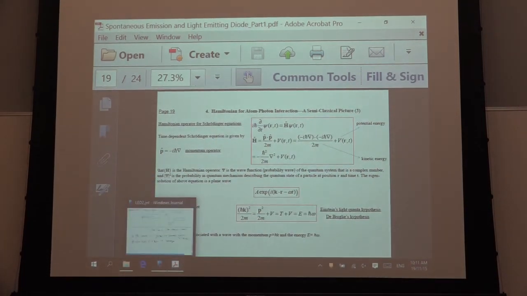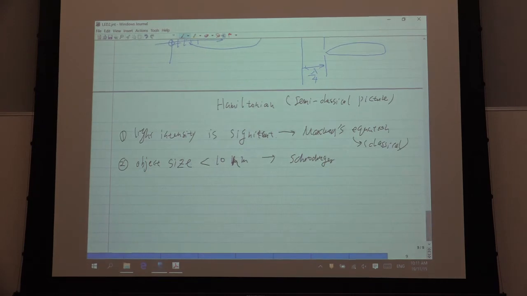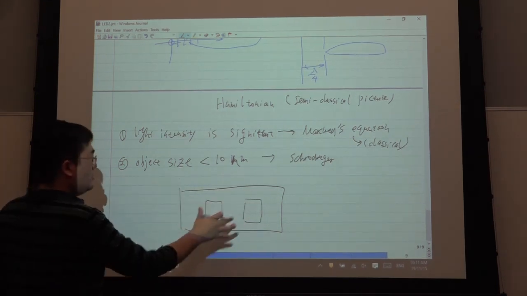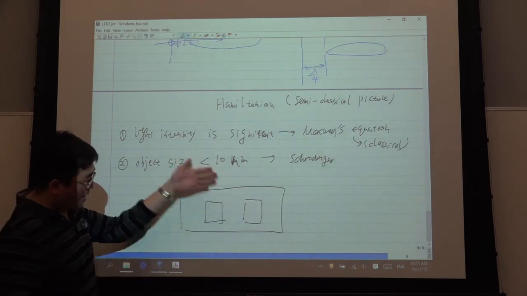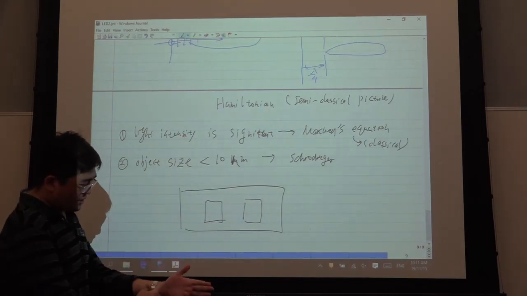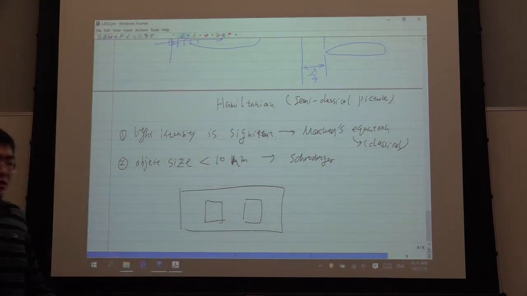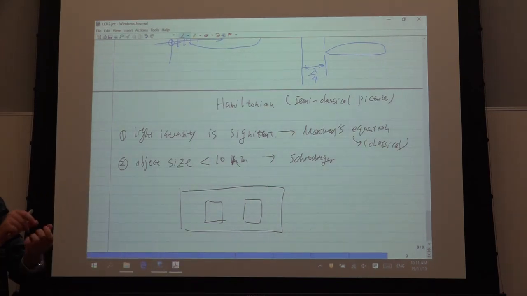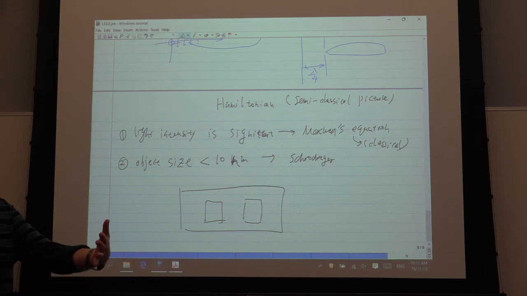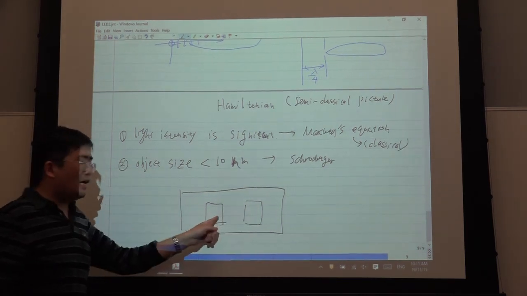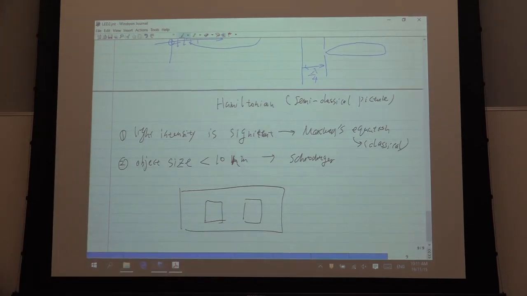This is a very famous experiment. This is a screen, and it has two slits. If you shine light through the slits, there is a screen behind, and you can see an interference pattern. This is for optics, but for electrons it's the same. You have some filament and heat up the electrons, which move randomly. They can go here, they can also go here, in different directions.